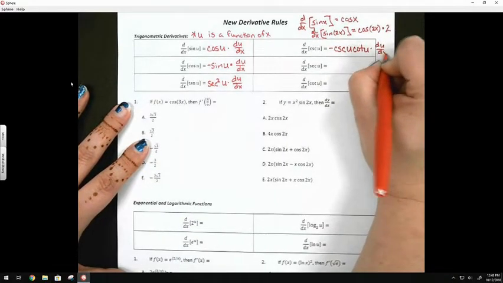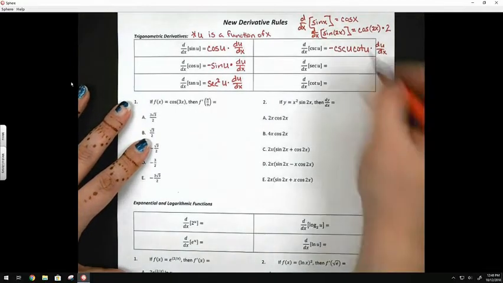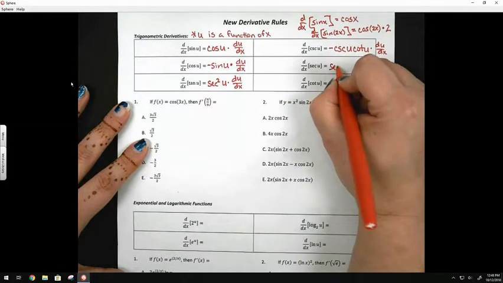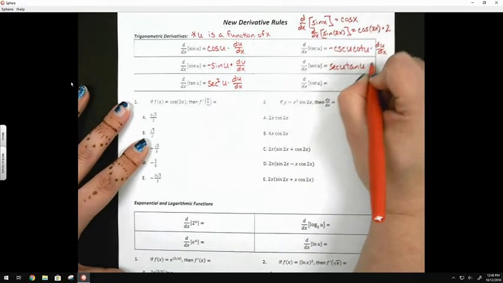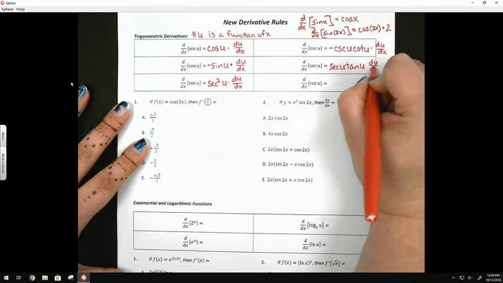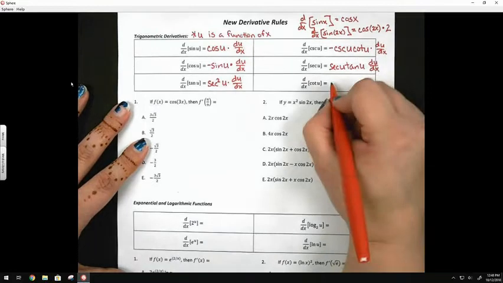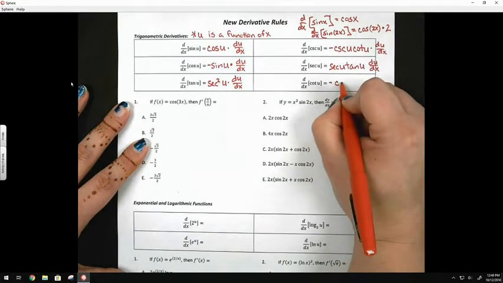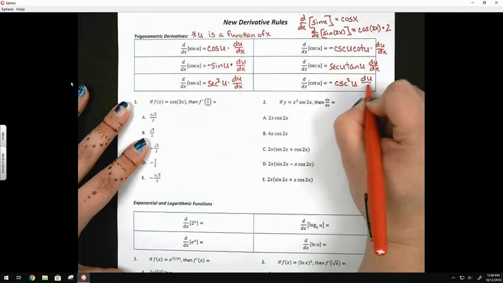So again, the derivative of the inside. The derivative of secant is secant u tangent u du dx. And the derivative of cotangent of u is negative cosecant squared u times du dx.